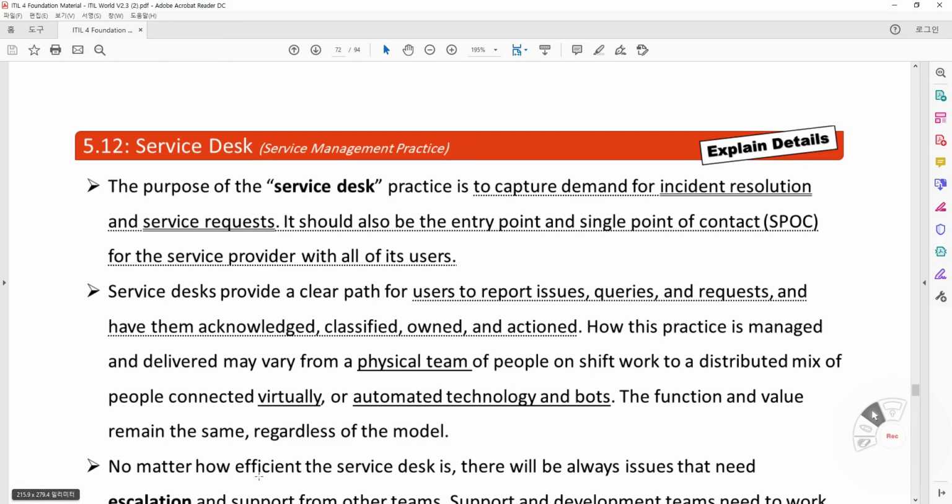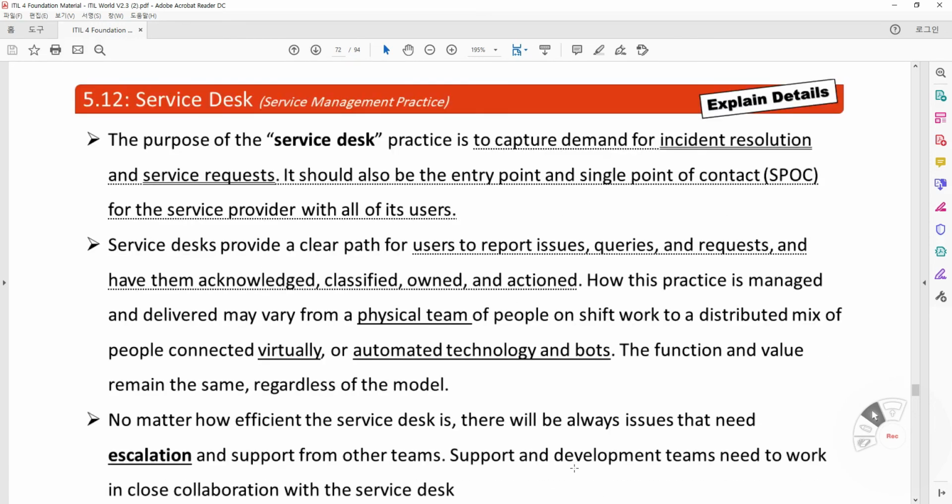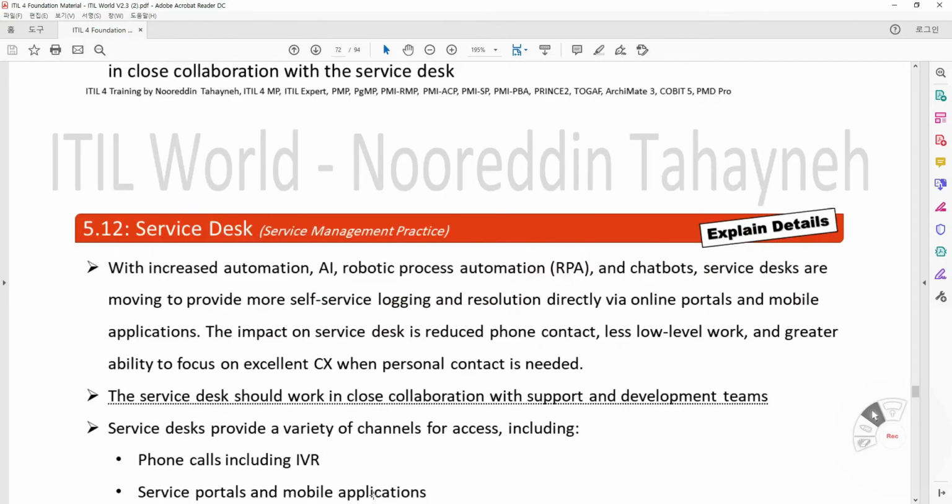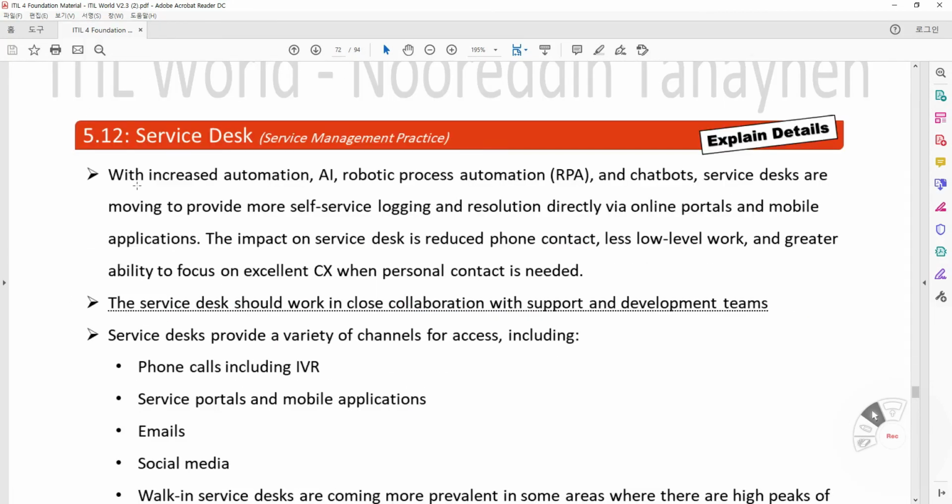No matter how efficient the service desk is, there will always be issues that need escalation and support from other teams. Support and development teams need to work in close collaboration with the service desk. With increased automation, AI, robotic process automation, RPA, and chatbots, service desks are moving to provide more self-service logging and resolution directly via online portals and mobile applications.